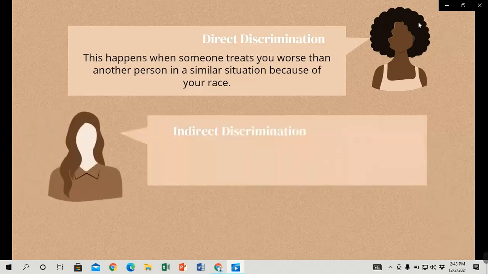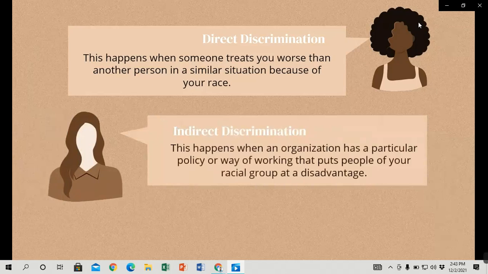However, indirect discrimination happens when an organization has a particular policy or way of working that puts people of your racial group at a disadvantage. For example, a hairdresser at the salon forbids his employees to cover their hair.